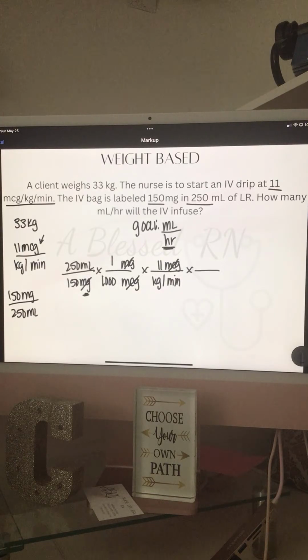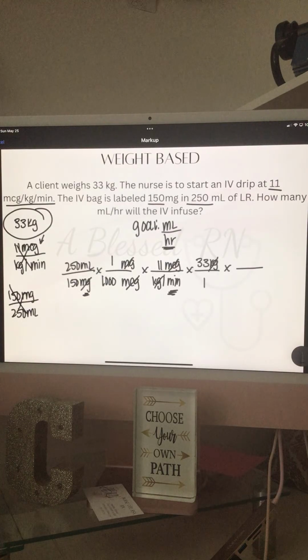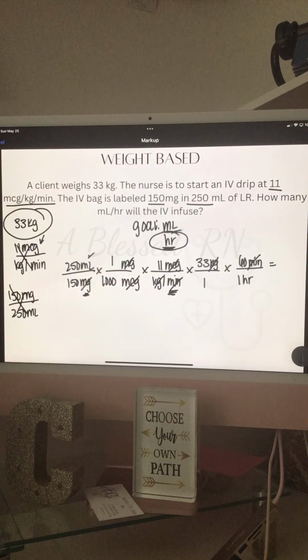Okay? And then we got kilograms and minutes now. So we can put our 33 kilograms, and remember single, so it'll go over 1, and the kilograms crosses out. My last piece is minute, and I need hour. So 60 minutes equals 1 hour. Everything is now gone except for milliliters at the top, hours at the bottom.